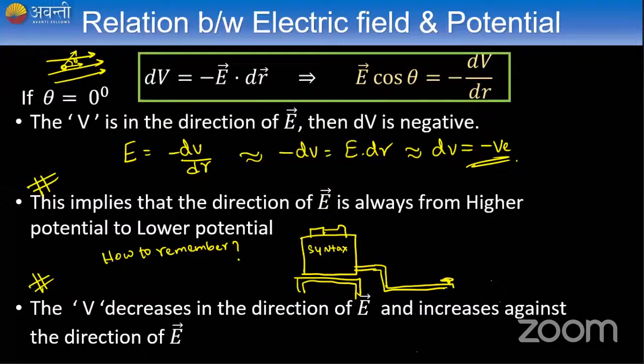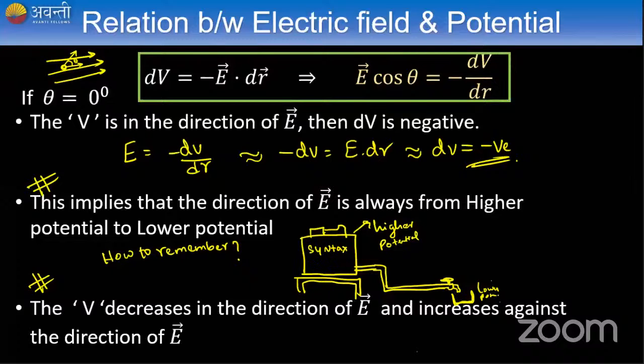So my tank is always kept at which potential? Always kept at a height, right? So the tank is always kept at higher potential, and the bucket or vessel which we keep is at lower potential.